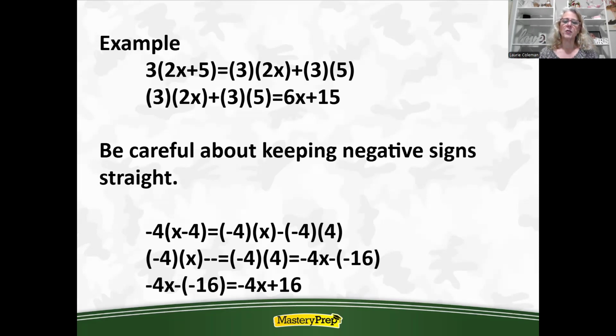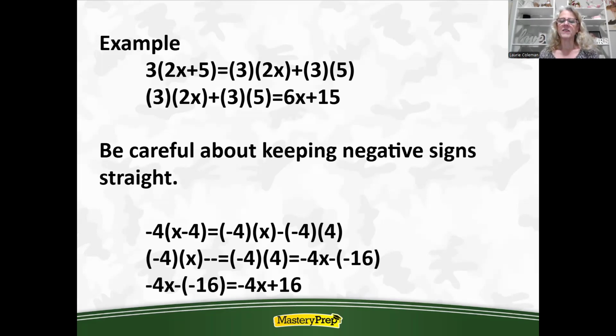So we have to be careful, though, when we're working with negative signs. We have to keep them straight. So if we have negative 4 times (x minus 4), that would equal negative 4 times x minus negative 4 times 4. Another way to look at that is we have negative 4x minus 4 times 4 is 16.